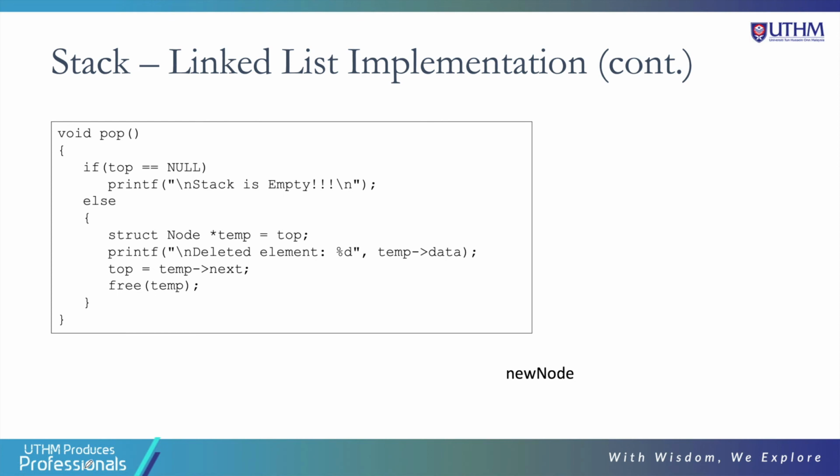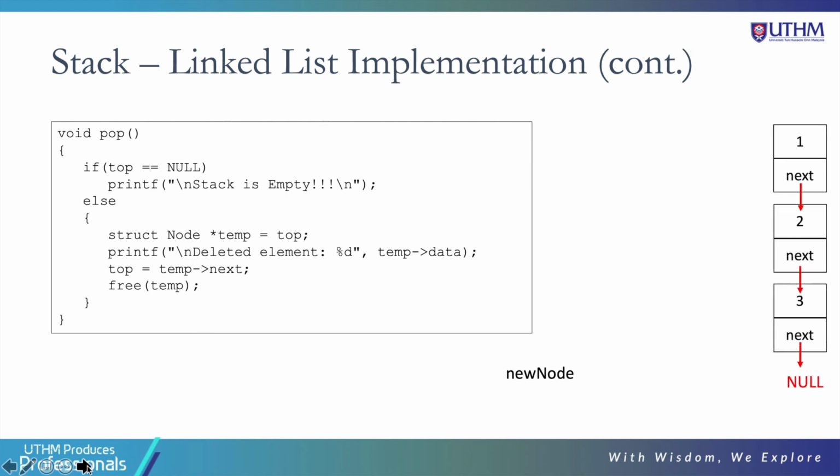Okay, pop operation. If top equal to null, meaning that the stack is empty, so we don't have any elements to be removed. However, if the stack is not empty, it will go to the else part. In this example, I just jump into the else part.